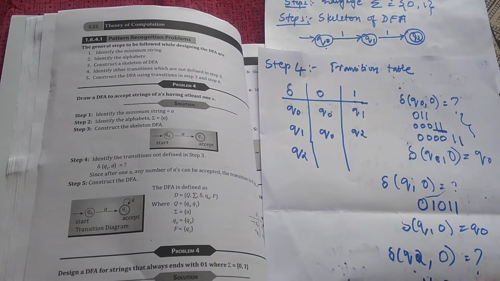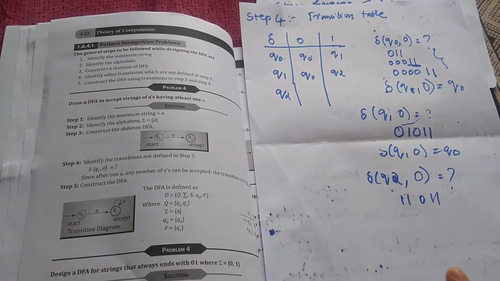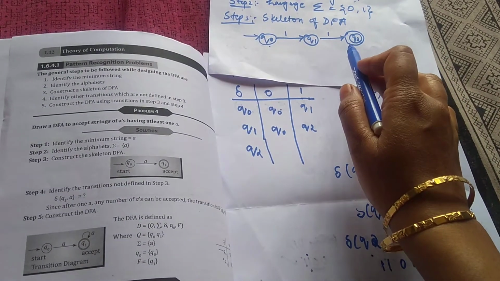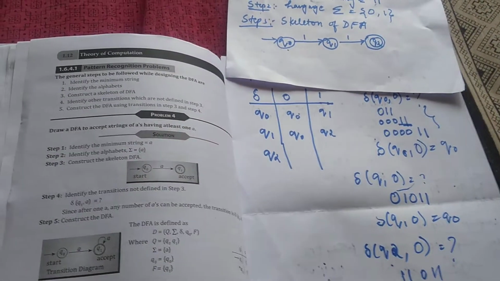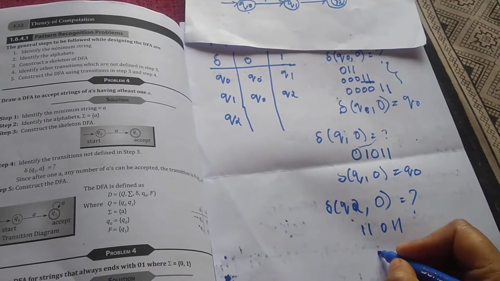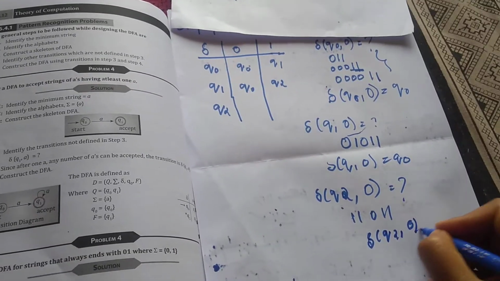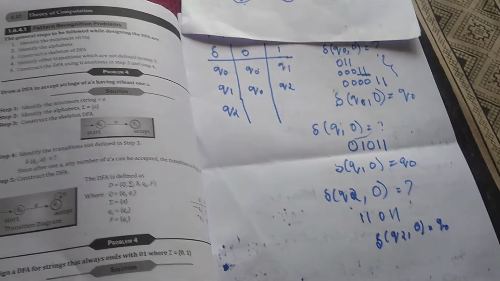Take a string like 11011. What will you do? If you see the skeleton, 1 1 will give me Q2. So if you have 0 here, move back to Q0. That means it should always end with 1 1. So Q2 upon 0, we are going to Q0.